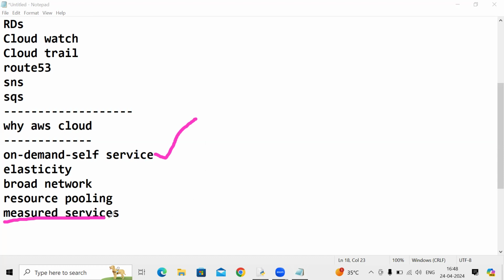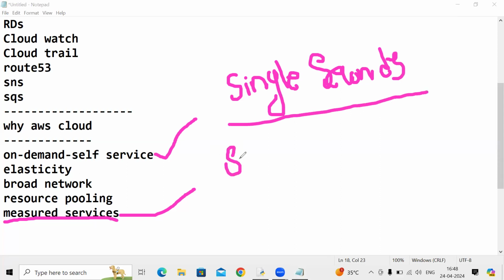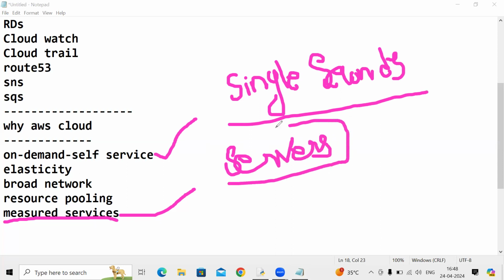Measured service is nothing but it will calculate the time and usage of our configurations and servers in AWS, even to a single second and milliseconds. Based on the time and usage of servers, resources, and services, we have to pay the amount to AWS.